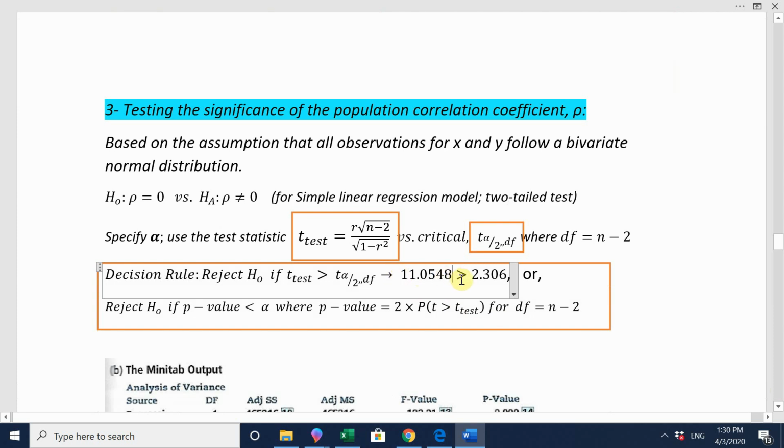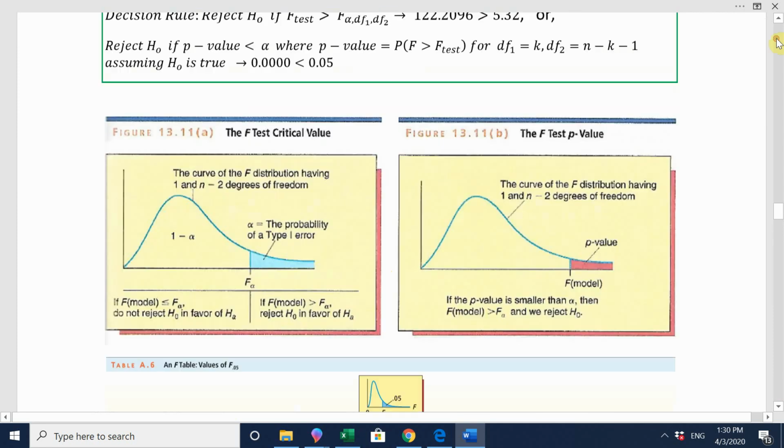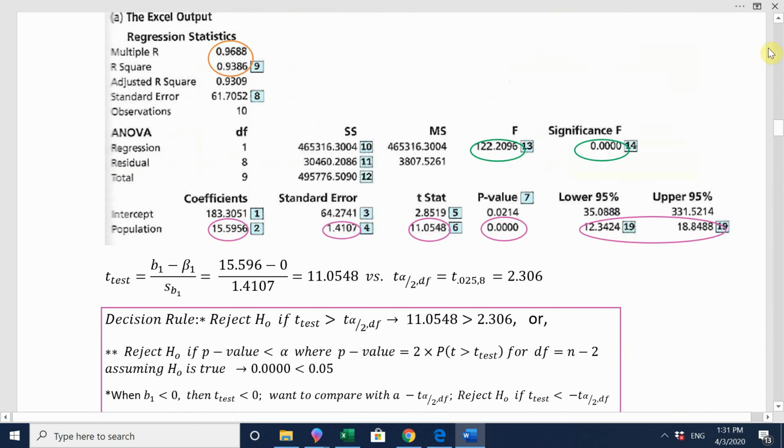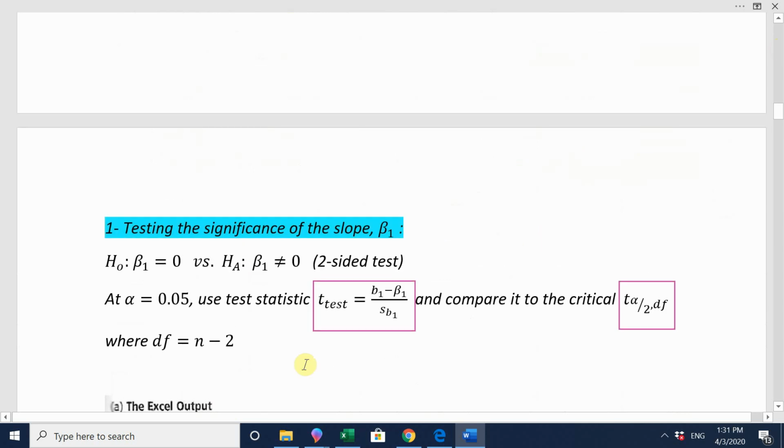Here I get 11.0548. And let's go back to the first test which we did. Here we were looking at beta 1 equals 0 versus beta 1 not equal to 0.